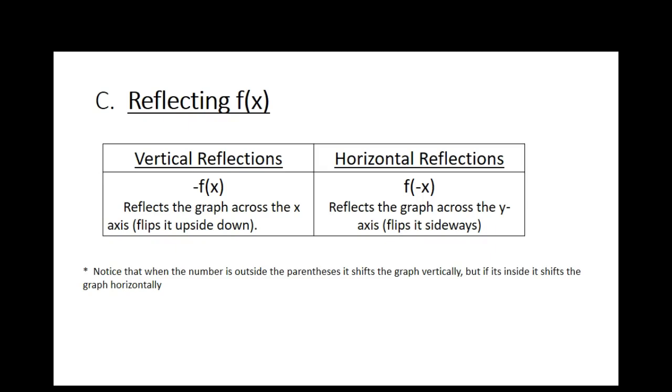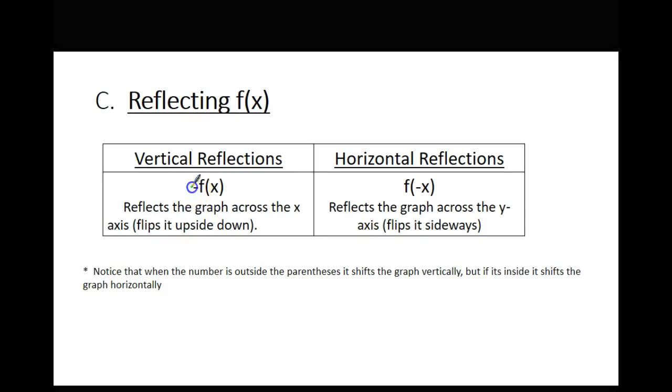All right. So we're going to move on to a new topic now, new transformation. What we just talked about there was translations. So adding and subtracting numbers makes translations. But what we're going to do now is we're going to multiply our functions by negatives. Okay? If you multiply your function by a negative on the outside, it flips the graph upside down.